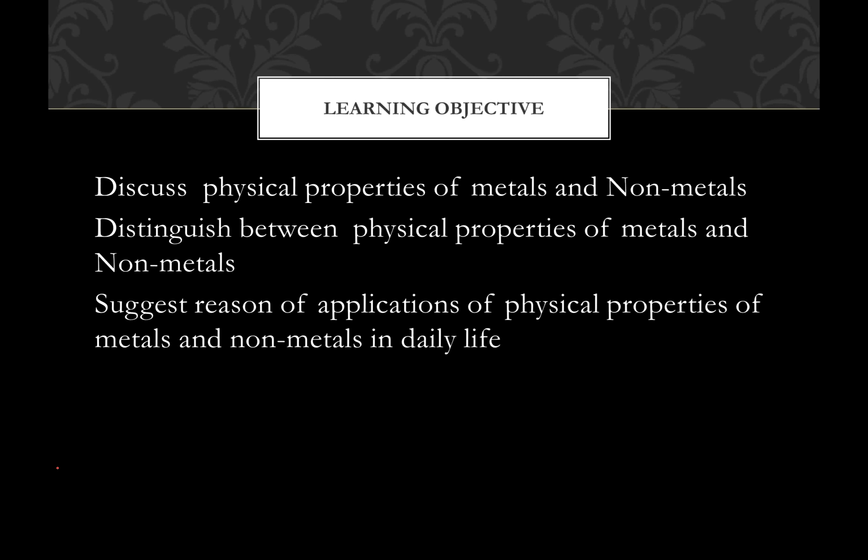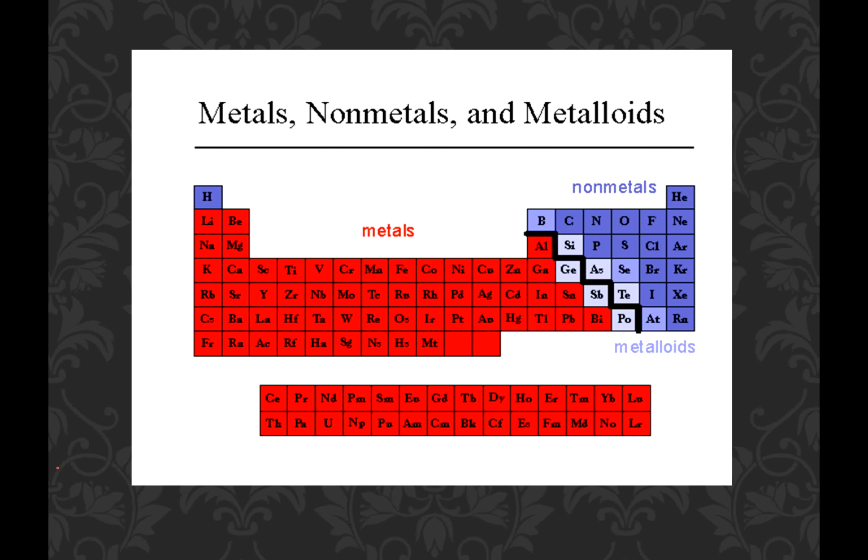So before I begin with the physical properties, let us look at the periodic table. As of now, there are 118 elements known in the periodic table. And do you know this periodic table? Out of 118 elements, the majority are metals.